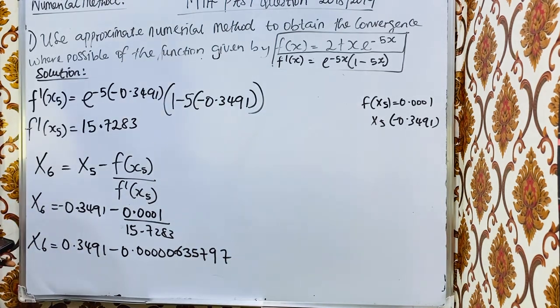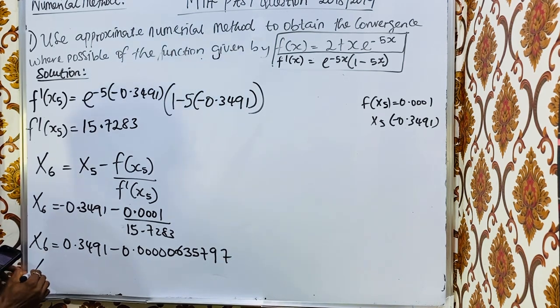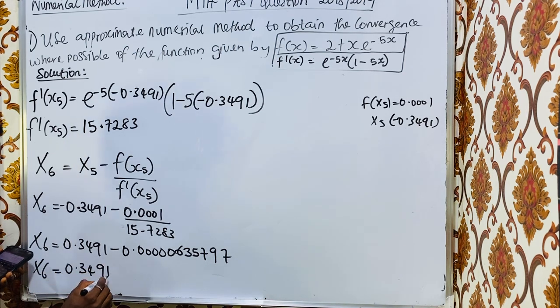So you are going to do 0.3491 minus that, so our x6 will be approximately 0.3491.